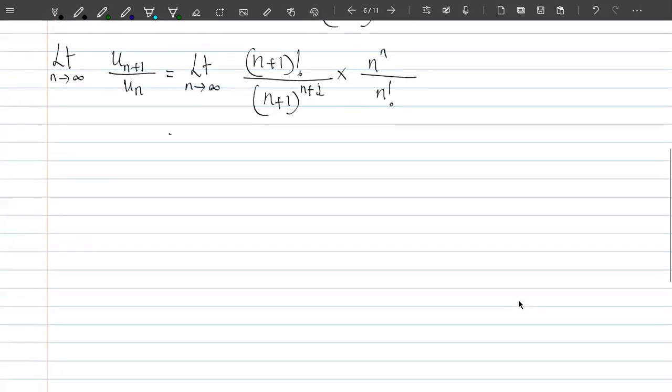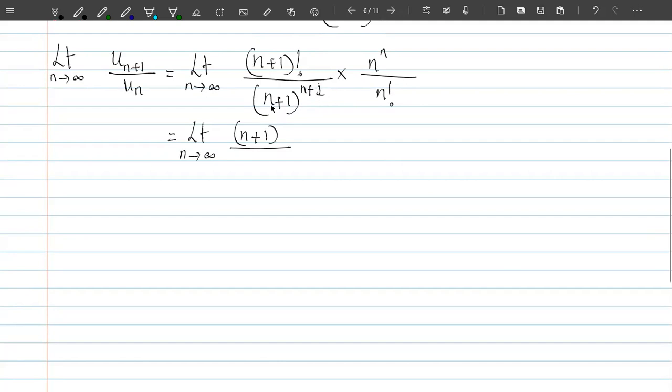This term (n+1)! can also be written as (n+1) into n!. Since you get n! over here, that n! can be cancelled with this particular term. So in the numerator you get just n+1, and here in the numerator I have n^n, and in the denominator (n+1)^(n+1).